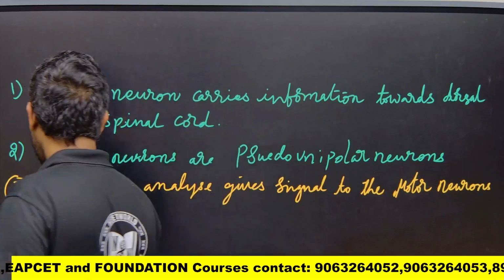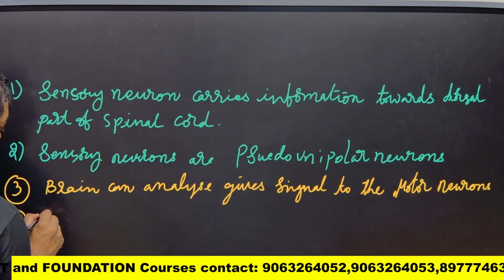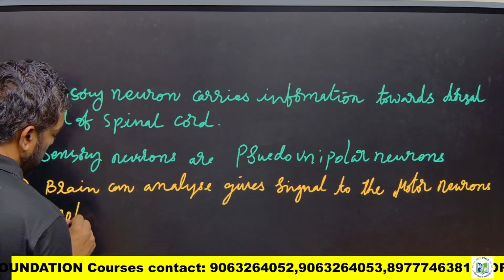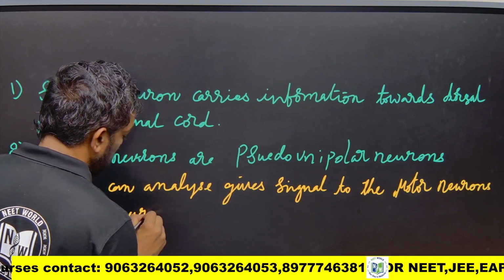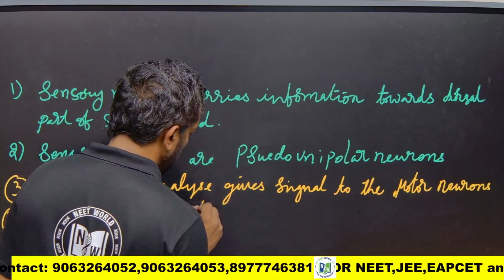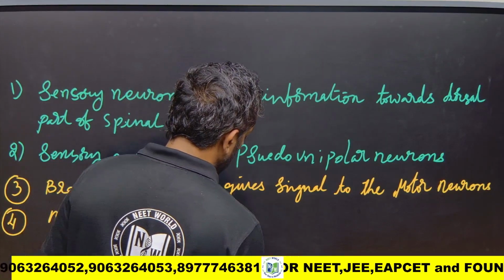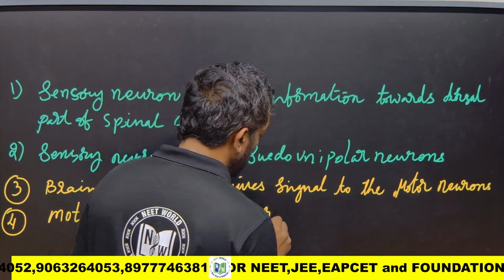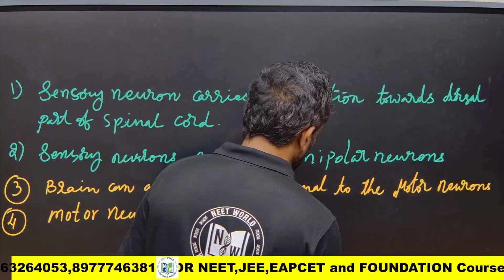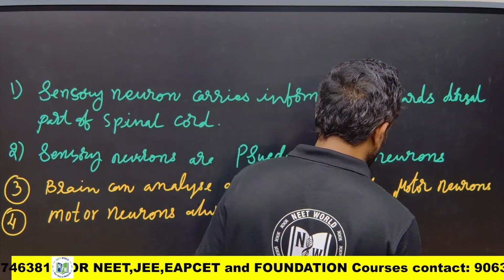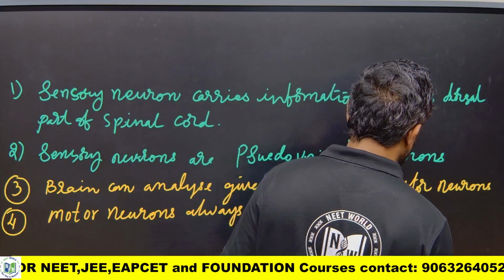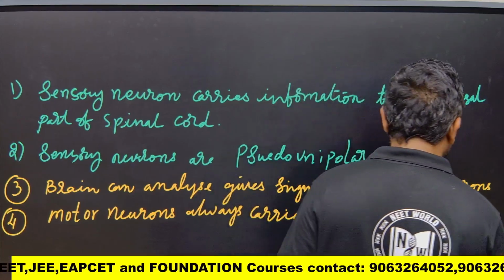Motor neurons always carry information through the ventral root of the spinal cord.